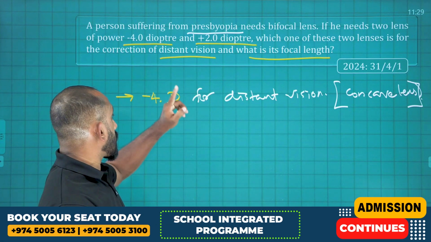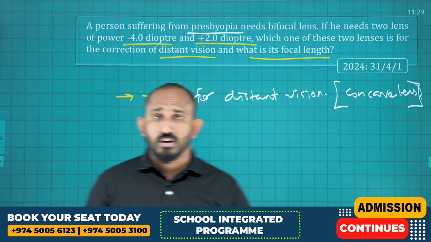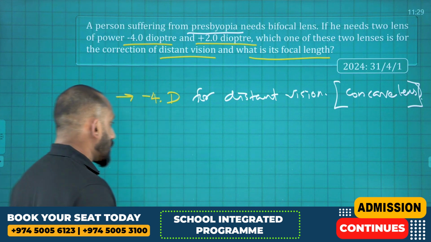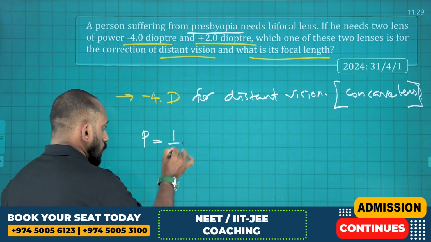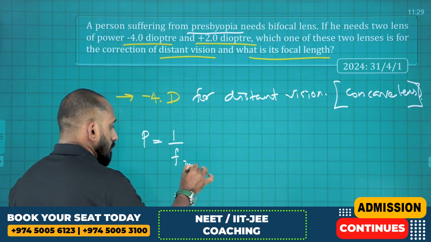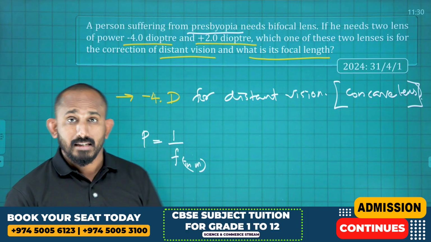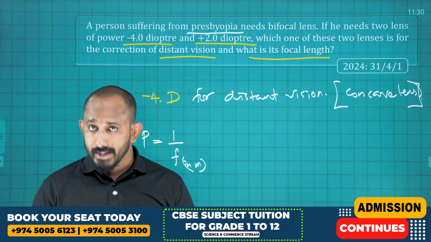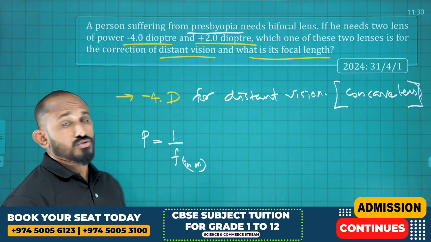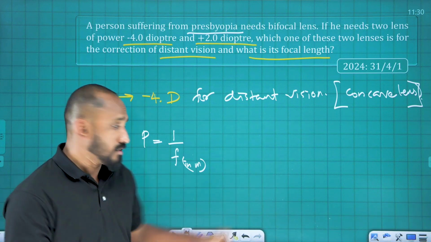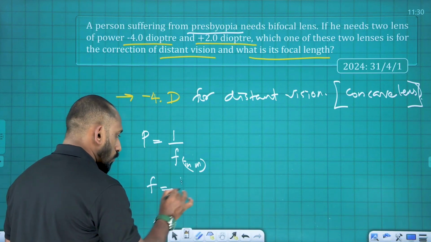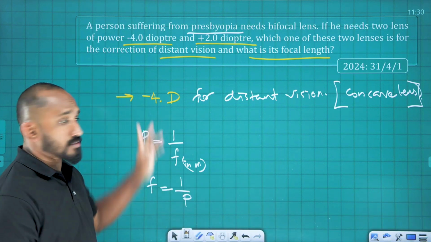Now, one more question is, sir, what is its focal length? So the relation between focal length and power, all of you know it. Power P is equal to 1 by F in meters. The SI unit of power is diopter, D we make use of, and then focal length should be in meters. So you have to find the focal length. F is equal to 1 by P. What is P? It is -4.